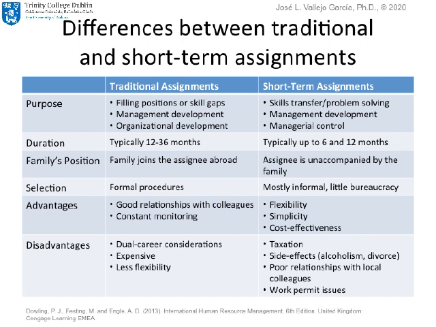In a traditional assignment, normally the family joins the assignee abroad, which implies a lot more than just sending an expatriate alone. In a short-term assignment, the assignee is unaccompanied by the family, and maybe comes back every now and then, and that's usually the way it works. It also depends where this person is sent.